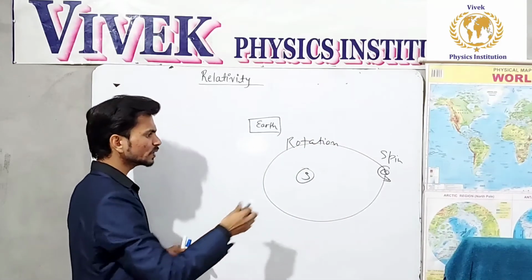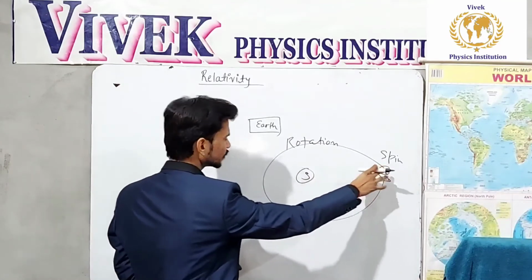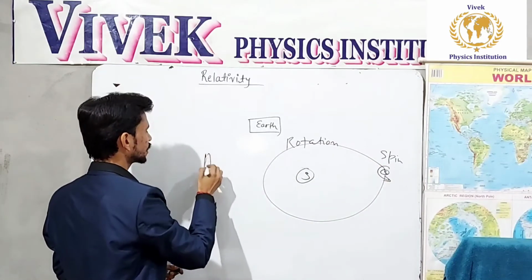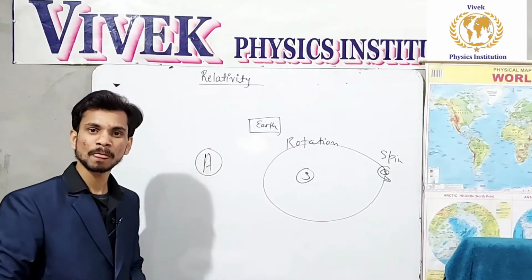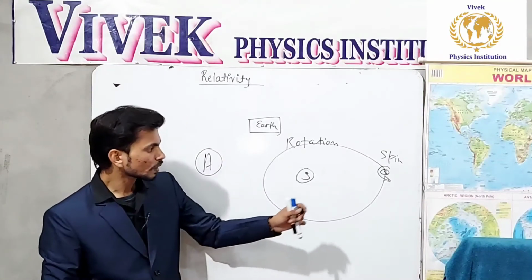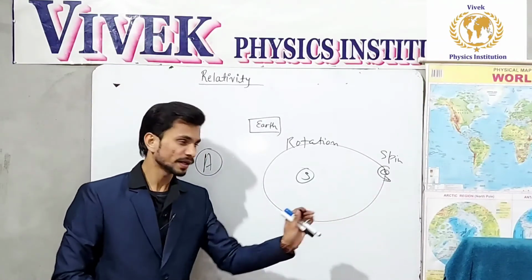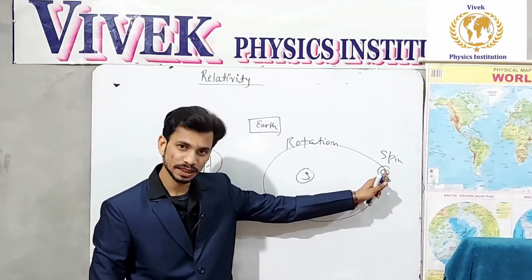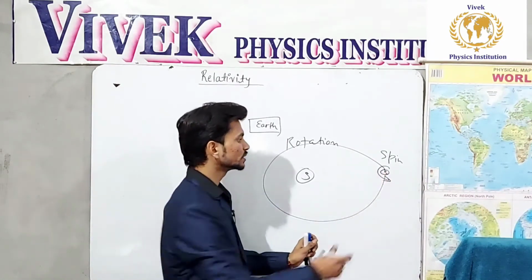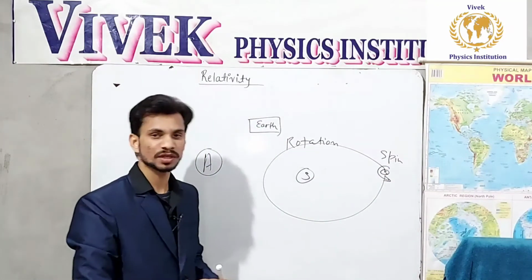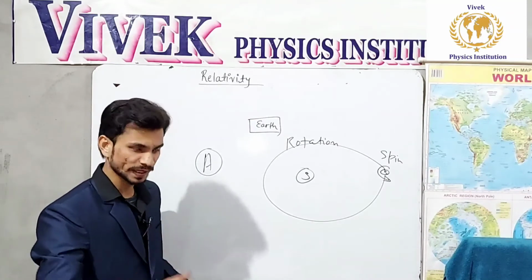Now if you look at this Earth from here, let us say you are A, then if there is an event occurring on the Earth, it will change its position in two ways.